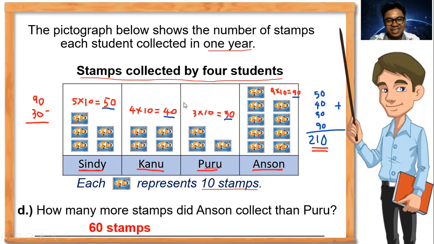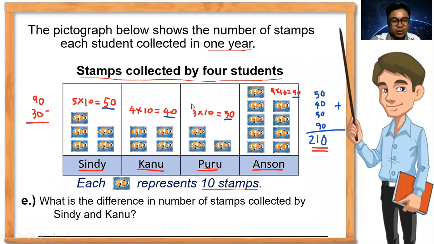Okay, next question here. What is the difference in number of stamps collected by Cindy and Kano? Cindy has 50. What's the difference?